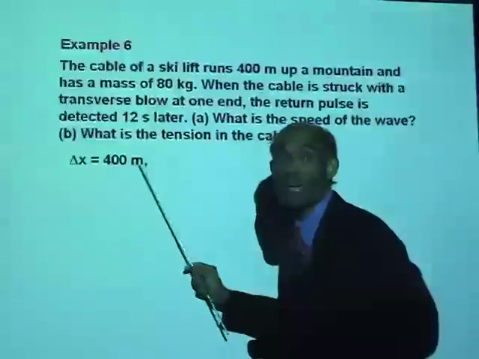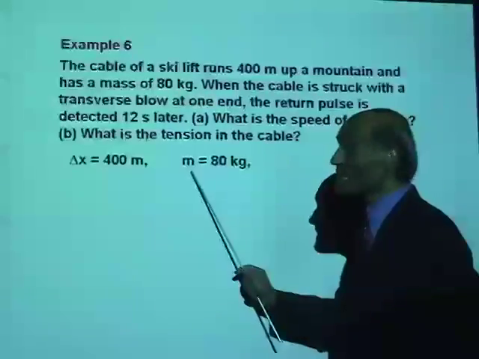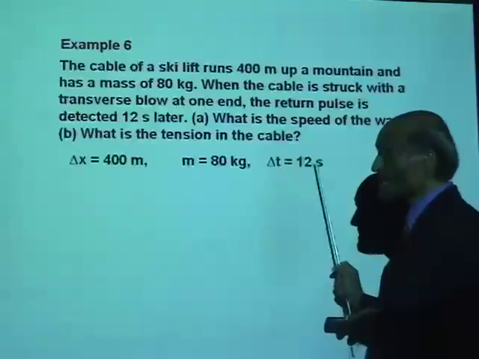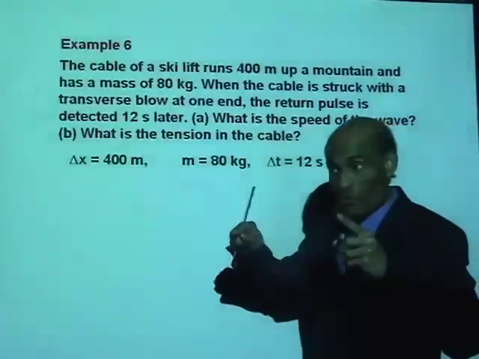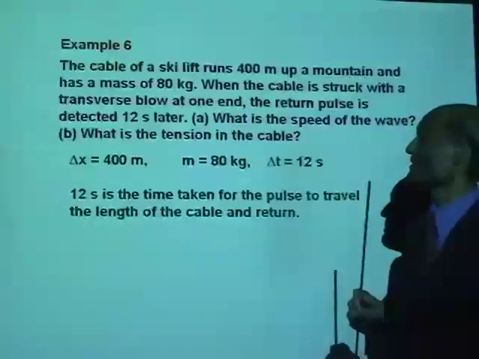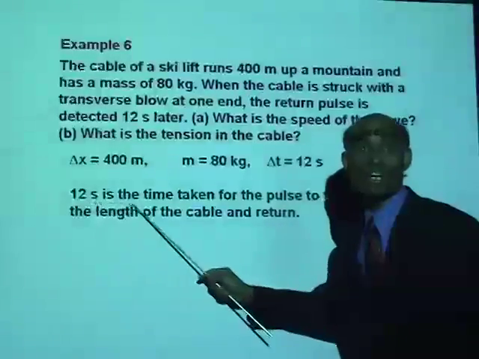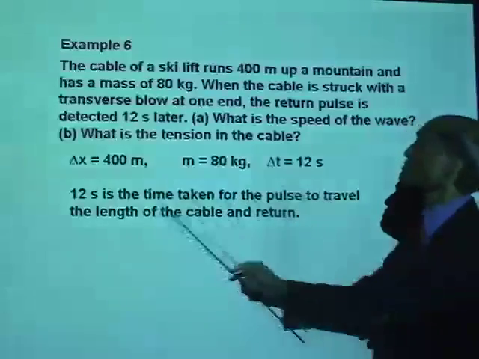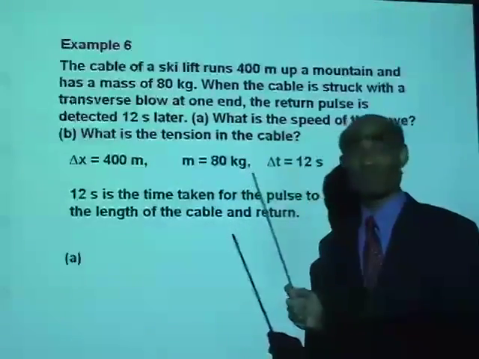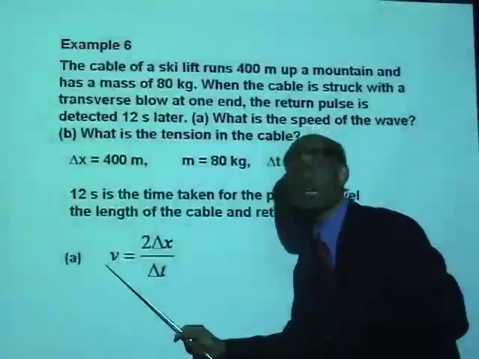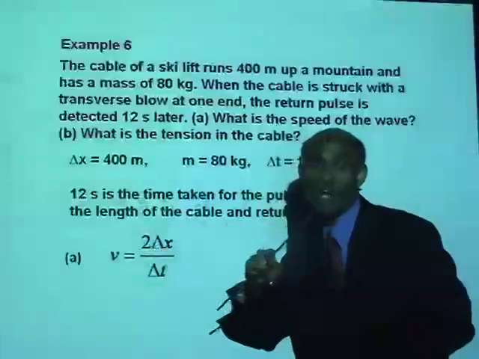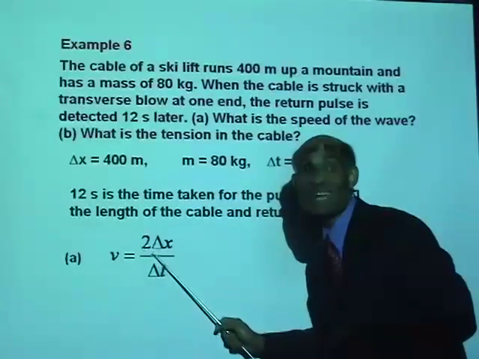The length of the cable is 400 meters. Its mass is 80 kilograms. The time taken by the pulse to go all the way up and back is 12 seconds. And therefore, the speed of the wave along that string is twice the length of the wire.